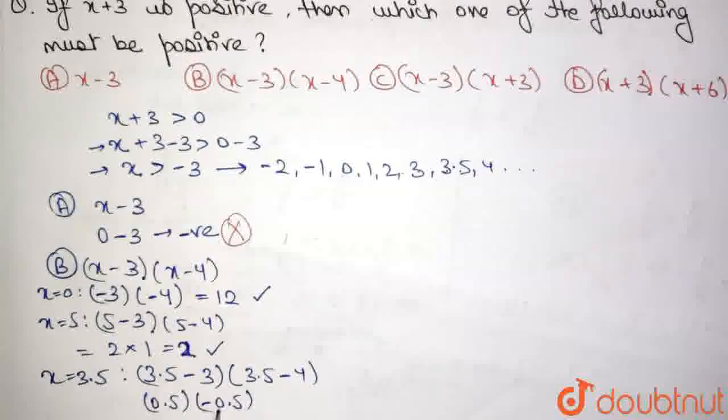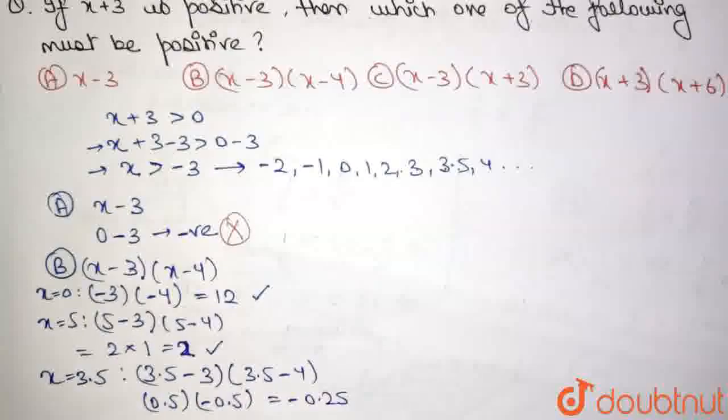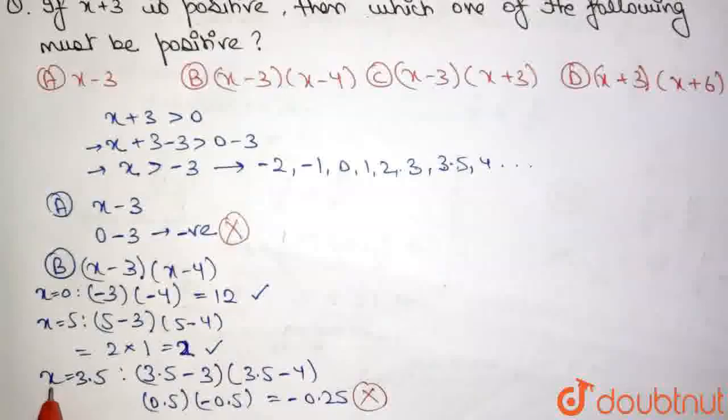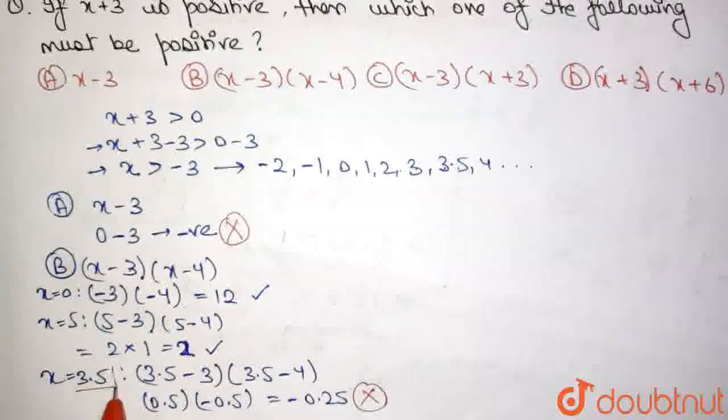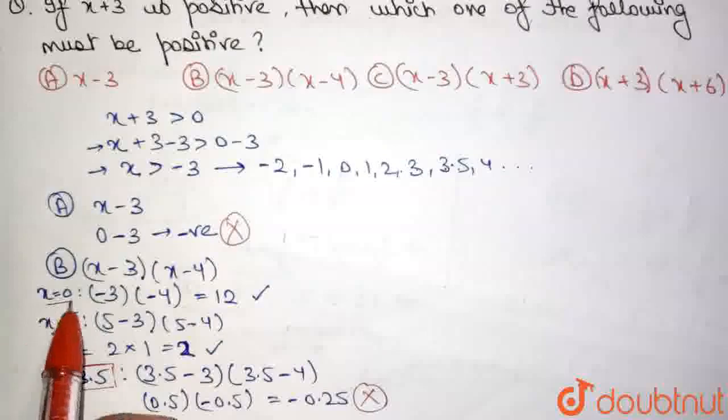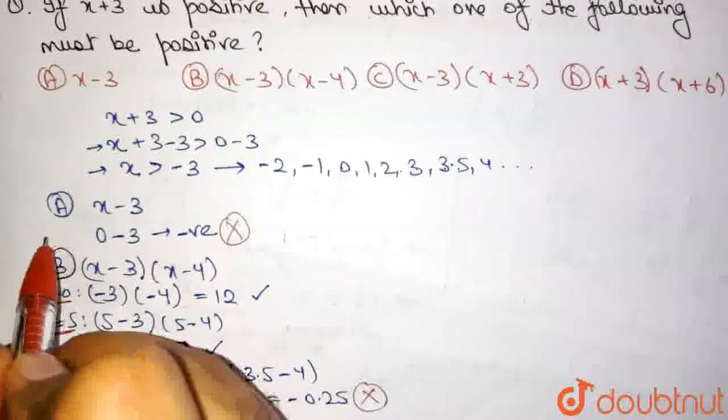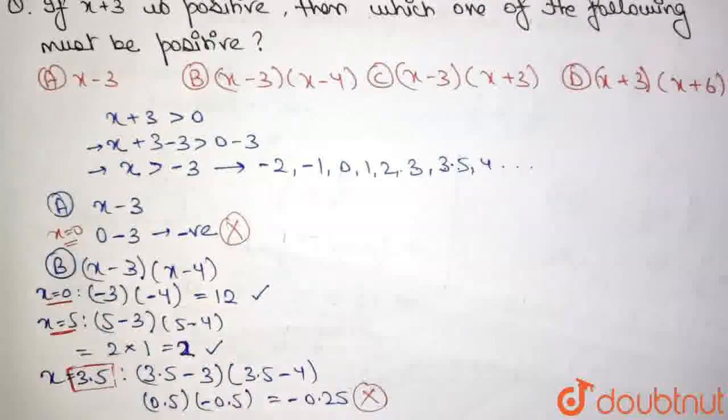So 0.5 into minus 0.5 is minus 0.25. That means here it fails the test. So if I take the value of x in between 3 and 4, then it fails the test. Here I took the value of x as 5, here I took the value of x as 0, here also I took the value of x as 0.